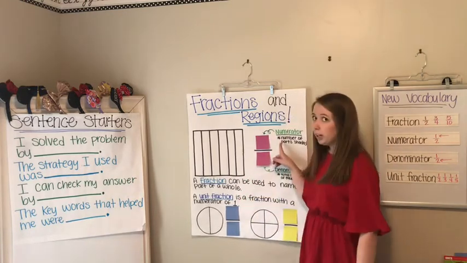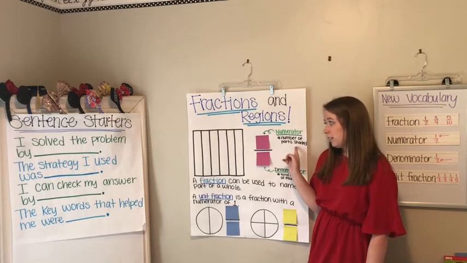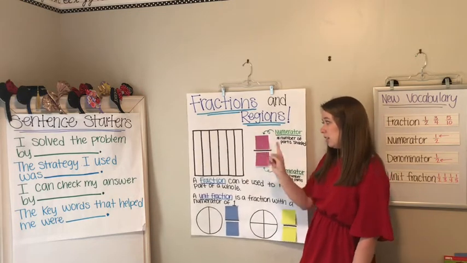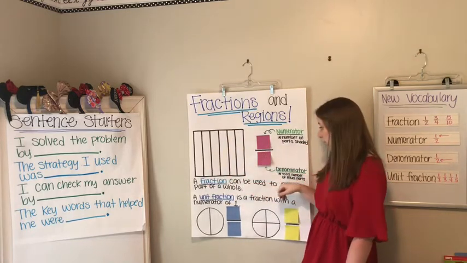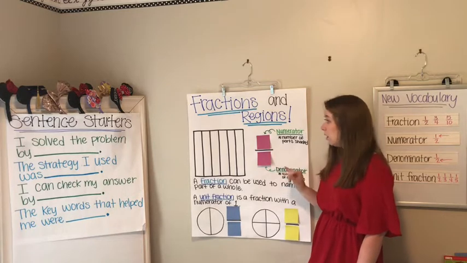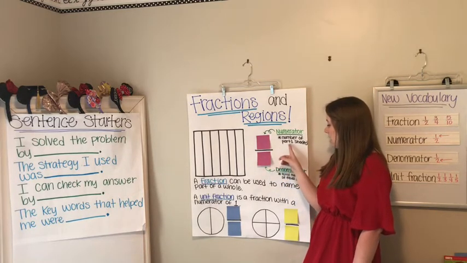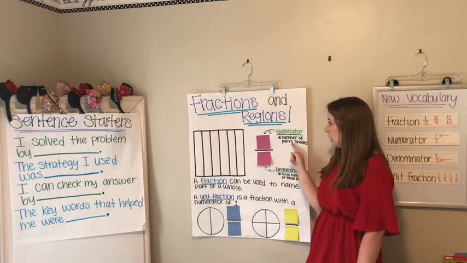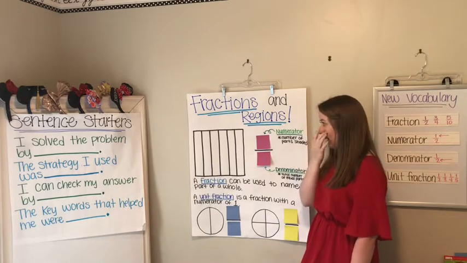A numerator is the number of parts that are shaded. So we're gonna look at this shape first and look at the total number of equal parts, our denominator, and then I'm going to shade in a few of those pieces or parts, and then we're gonna find out the numerator. Are you ready? All right.